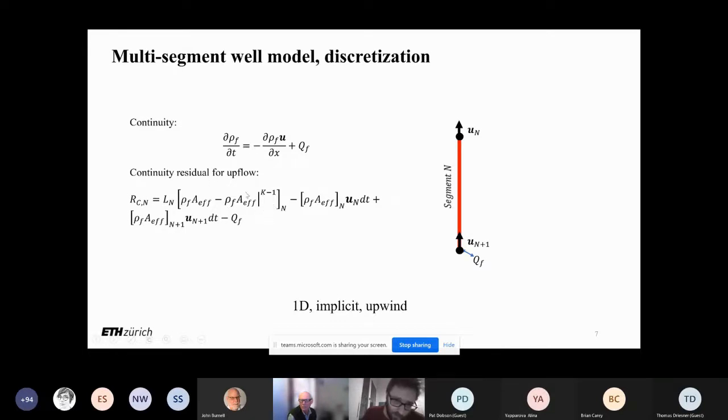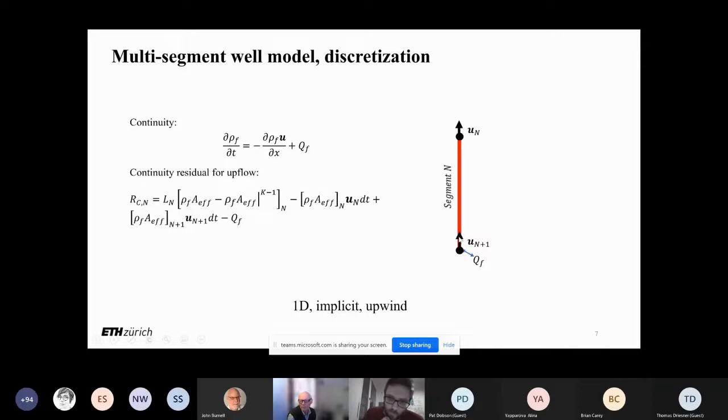And so this change of mass over time needs to be balanced by the outflux of mass from the segment. It's simply the velocity times the cross-sectional area times the density of this segment.